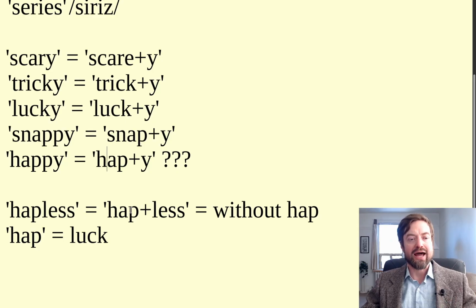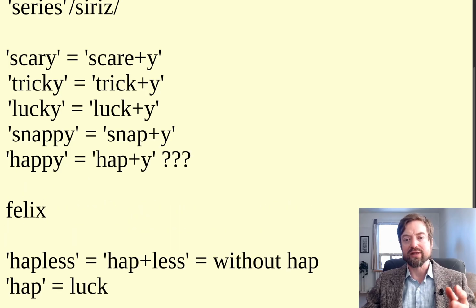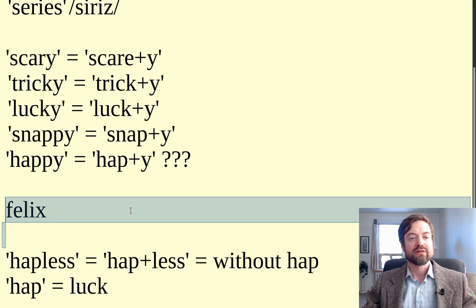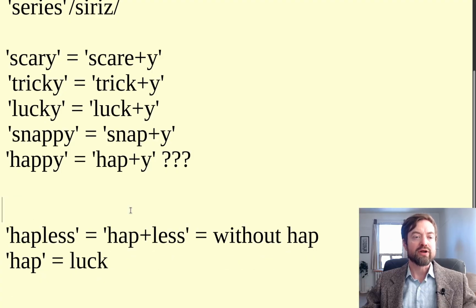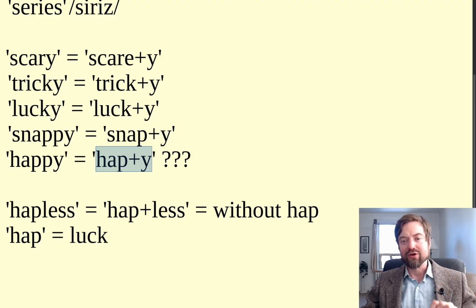You see this with the Latin word felix, meaning lucky, and you see it in feliz, and many Latin languages have this word for happiness that comes from this idea of lucky. So when we go into history, we see that happy is actually two pieces. But the usual analysis is that it's now frozen.